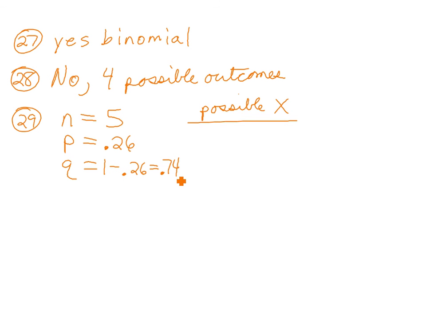All the possible outcomes. Well, when we pick our 5 people, we could have 0 that say that they go online to get their news. We could have 1 that says that they do. We could have 2 that say that they do. We could have 3, 4, 5, all those. So those are our possible x's.